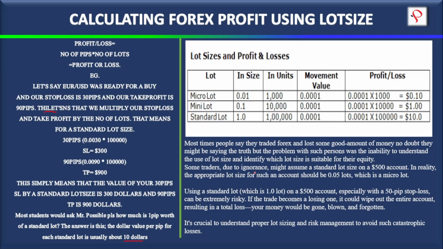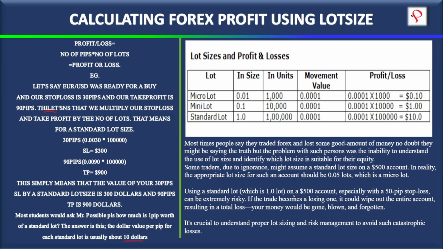Some traders, due to ignorance, might assume a standard lot size on a $500 account. In reality, the appropriate lot size for such an account should be 0.05 lots, which is a micro lot size.